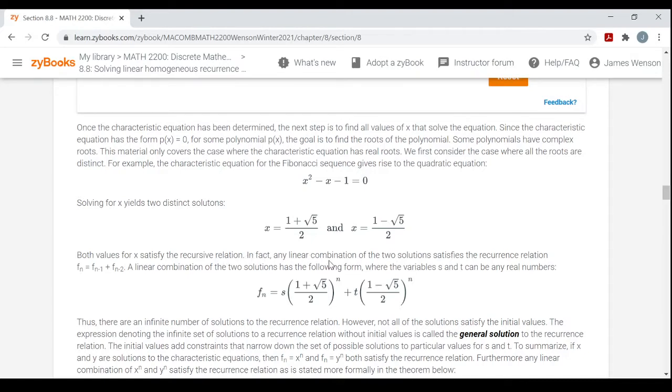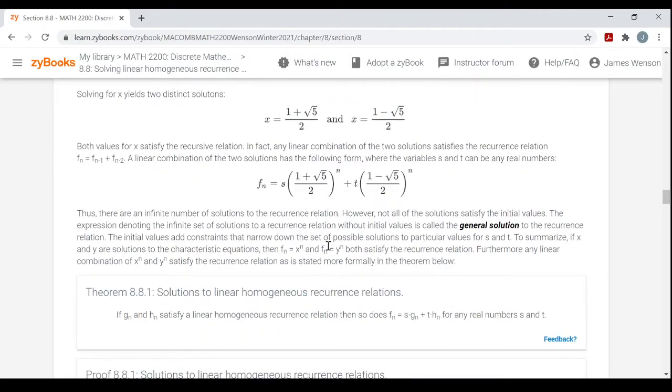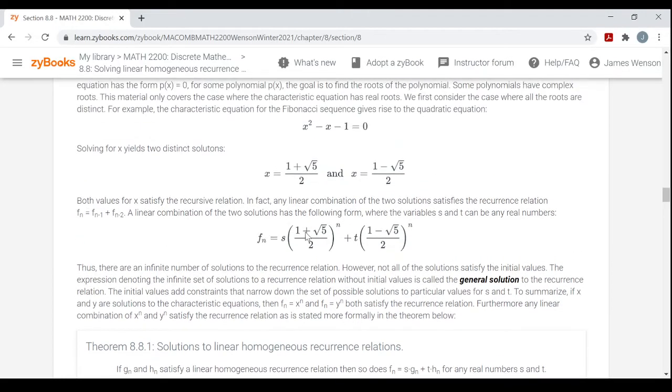And then a fact that they'll prove here: if you know some solutions to a linear homogeneous recurrence relation, then any linear combination of those solutions also satisfies the recurrence relation.